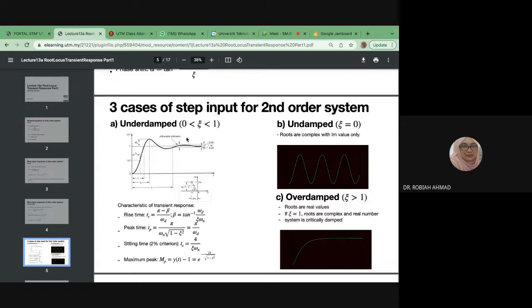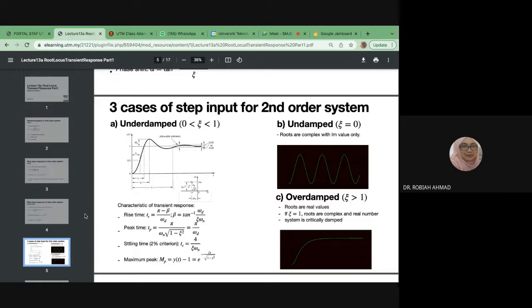So settle means go to the input that we set. So these are actually the transient response yang you all belajar sebelum ini, dan now kita nak tengok, we want to relate with the roots. So itu sebabnya ada root locus. Root locus, kita tengok root locus, and then we relate with the transient response that you learned previously.